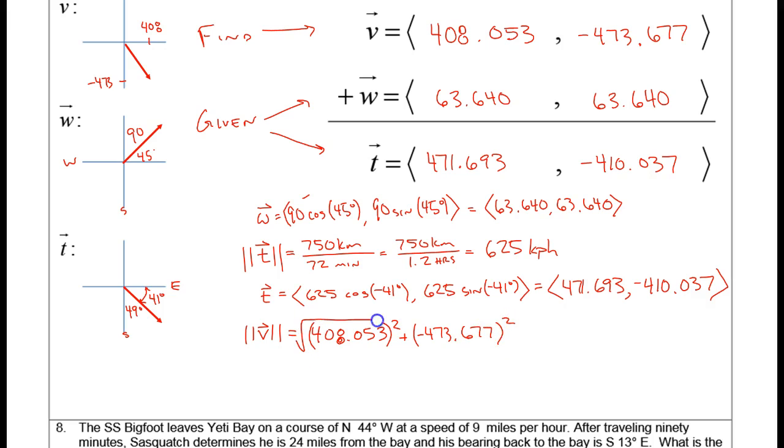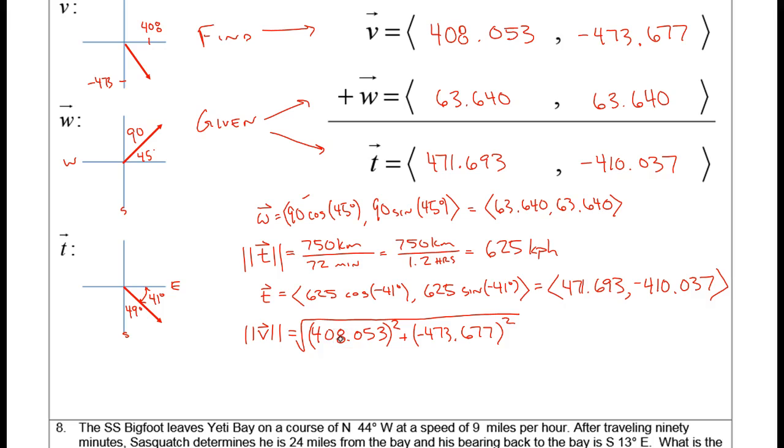Folks, make sure when you put this into your calculator, you recognize that even though this number is negative right here, when we square it, it becomes positive. That's a surefire check on your answer. If you ever get a negative value under the square root for an application problem, you ought to check your work.